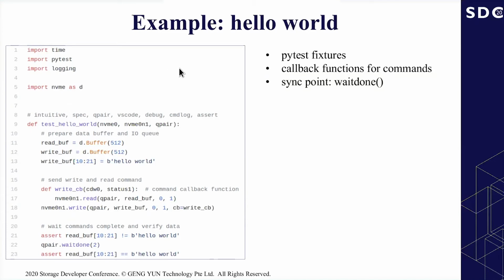We can also find a similar one in SPDK's source code. That Hello World program was written in more than 400 lines of C code. But this test script did the same thing in 20 lines of Python code.